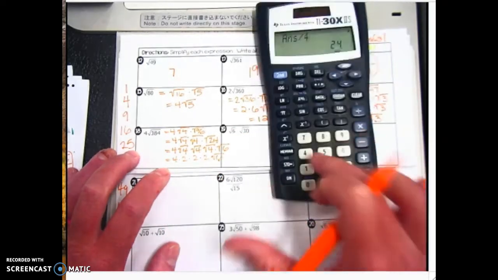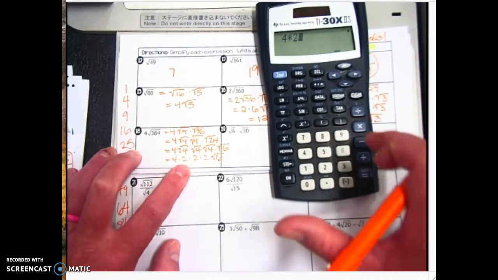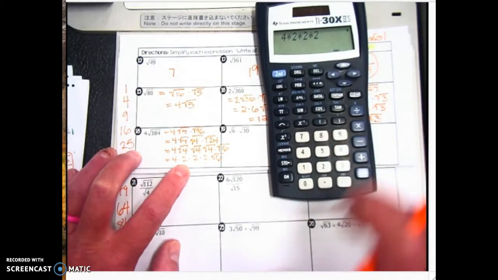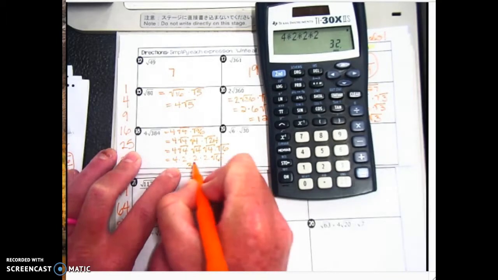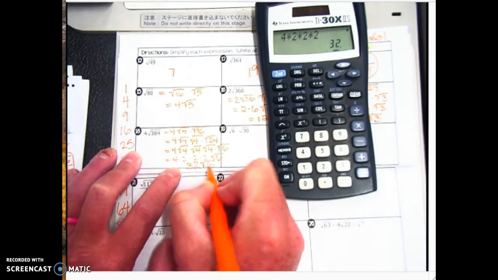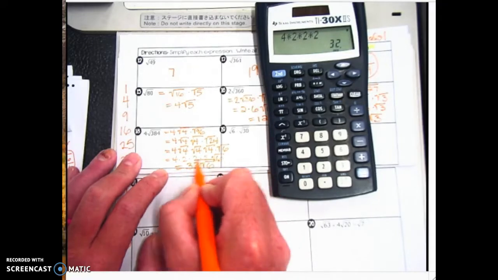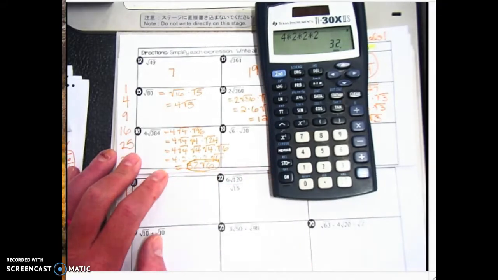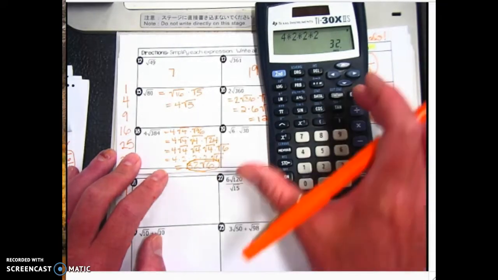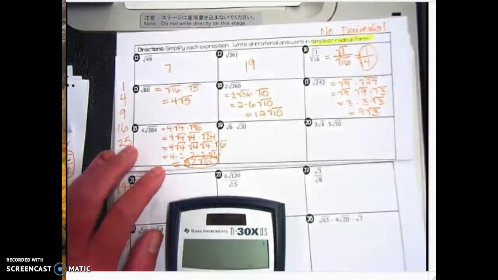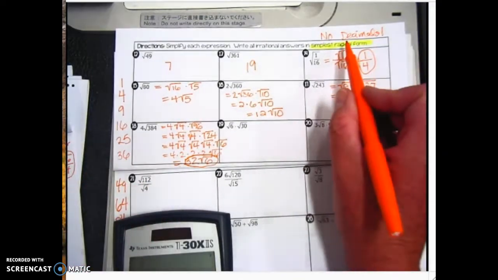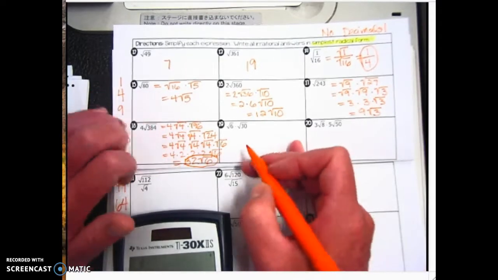And then just take my calculator and go 4 times 2 times 2 times 2, and it gives you 32 rad 6. Kind of a longer way to do it, but it's not a decimal, right? You can't have decimals, so that's what it's got to be.